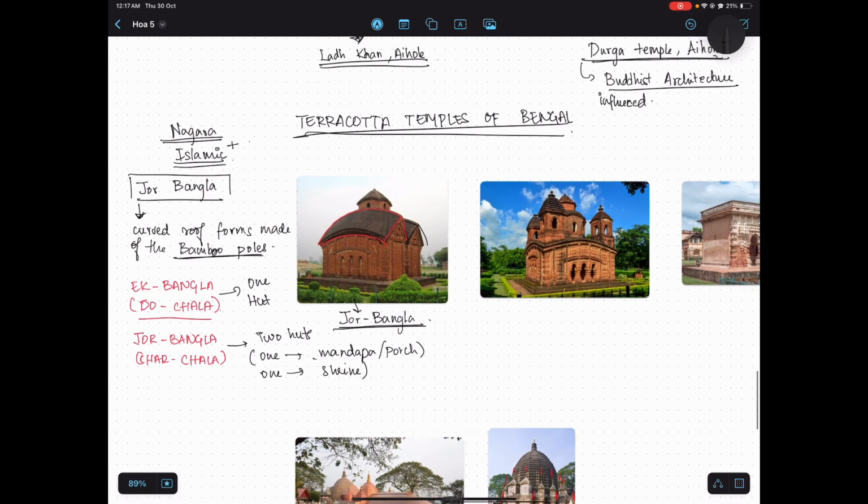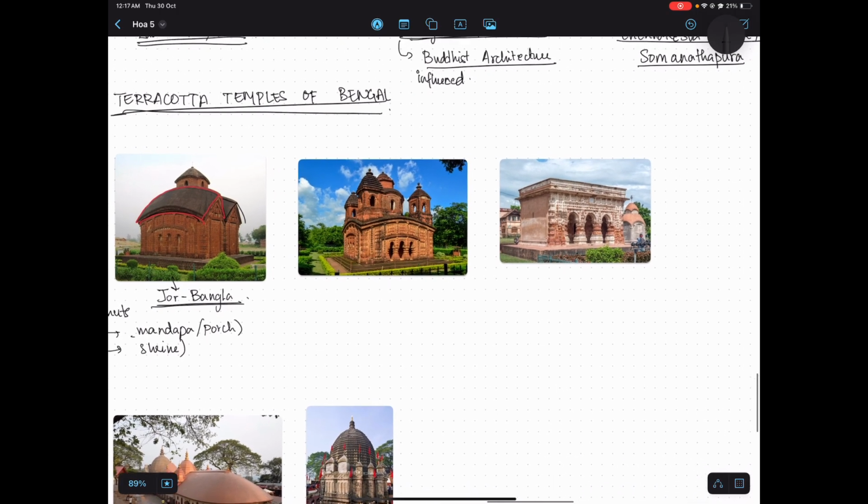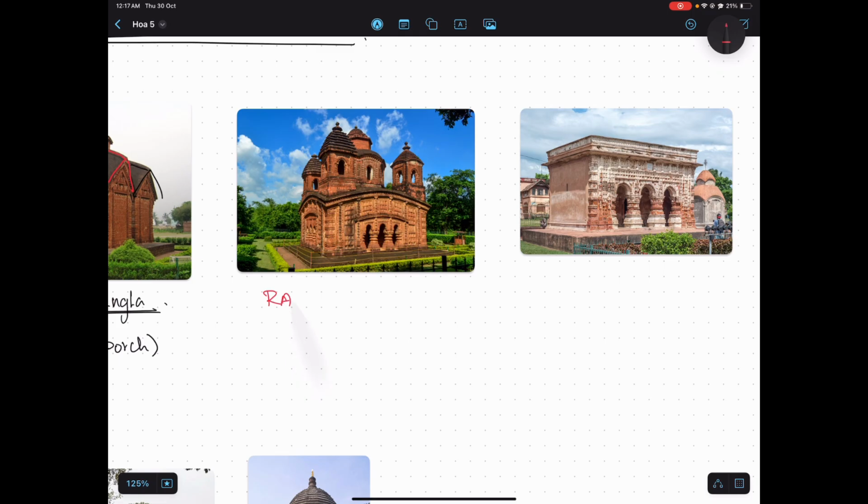So they had Jor Bangla, which is inspired from the bamboo poles of traditional huts, and it has a curved roof. Then came Ratna style, or pinnacle style.